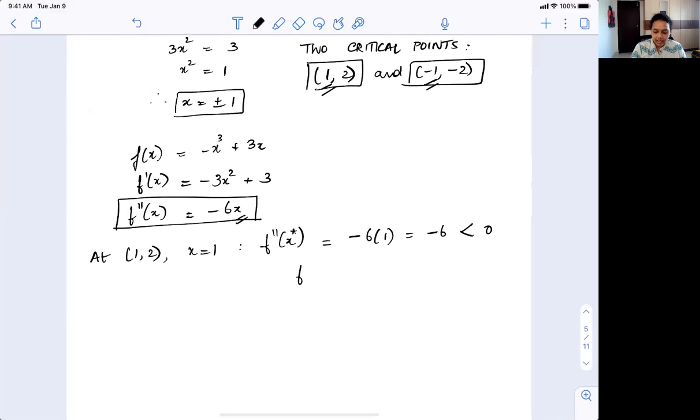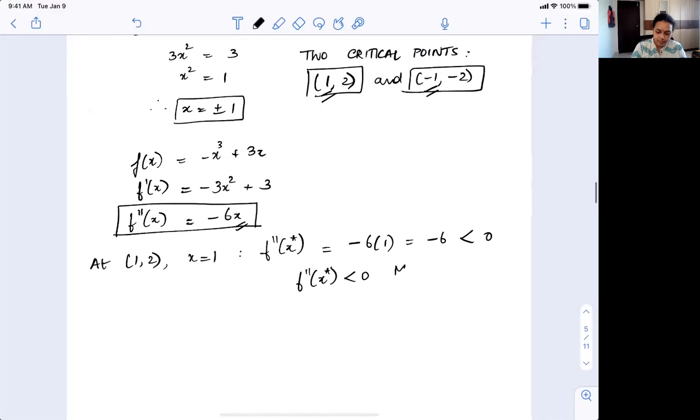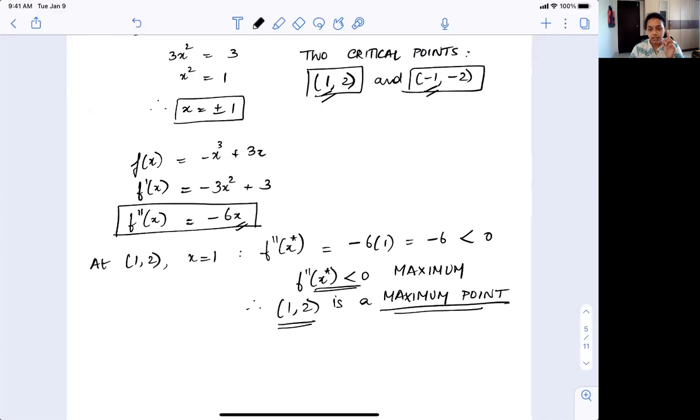When your second derivative is less than 0, we are looking at a maximum. Therefore, the point 1, 2 is a maximum point. We say it's a maximum because we have the second derivative less than 0. At this point 1, 2, the second derivative is less than 0, the function is concave, and therefore we have a maximum point.